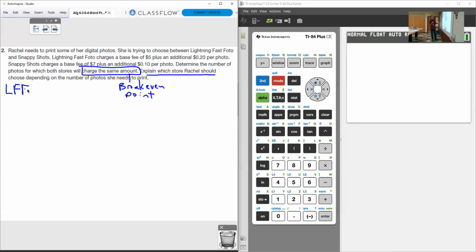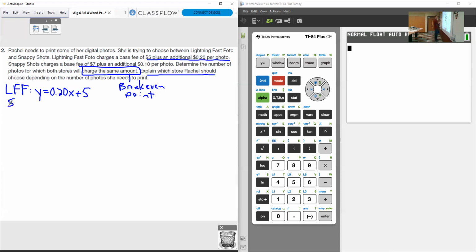It says that Lightning Fast Photo charges $5 plus 20 cents per photo. So I'm going to set up my equation as y equals 20 cents per photo, so 0.20x plus your $5.